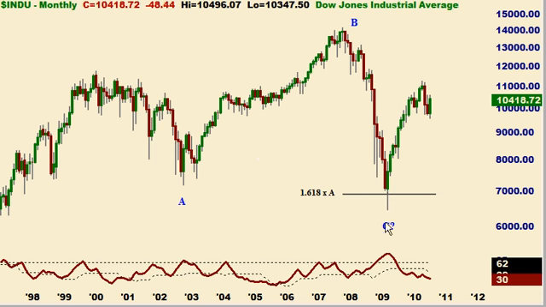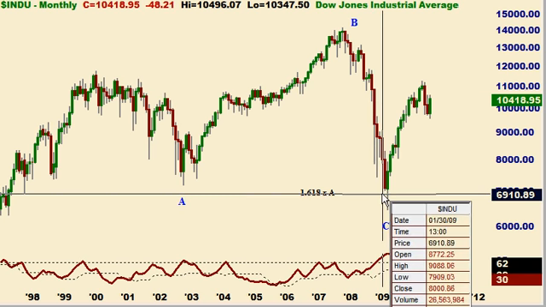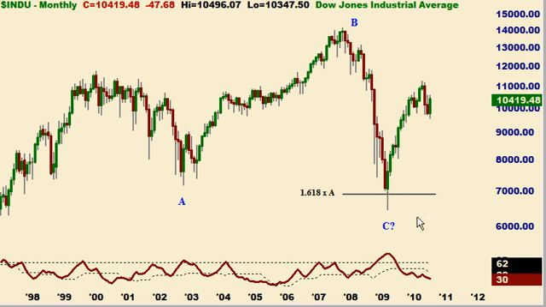Well, the decline of C, at the level around 6,900 or so, is 1.618 times A. So you have A down, irregular or expanded B up, and C more substantially lower than the flat correction of the S&P, and just beyond the 1.618 ratio of A. Again, this is literally textbook Elliott Wave as published by Prechter back in 1978.